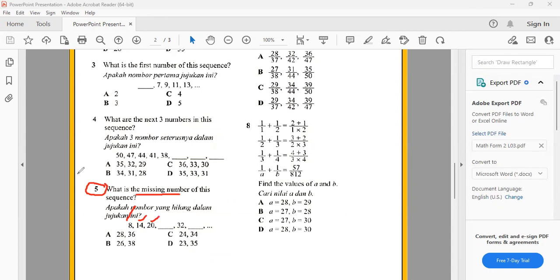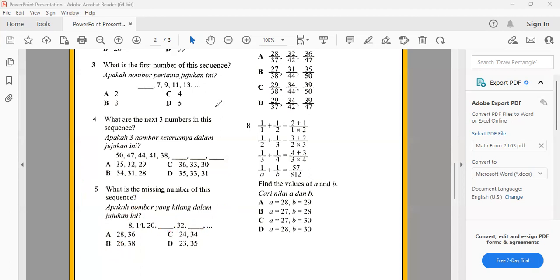It's an addition of 6, plus 6. Well done. So we have 26, then 32, plus 6 should have 38. Kind of easy, it's not that difficult.